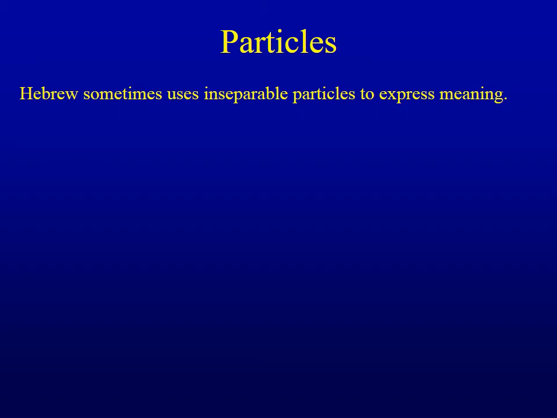Hebrew sometimes uses particles joined to a noun in order to express meaning, also sometimes joined to a verb. So, for example, if we have the noun bayit, which means house, we can add the preposition, the particle bet. When you add the particle bet, note that the bet at the beginning of house aspirates to a vet.